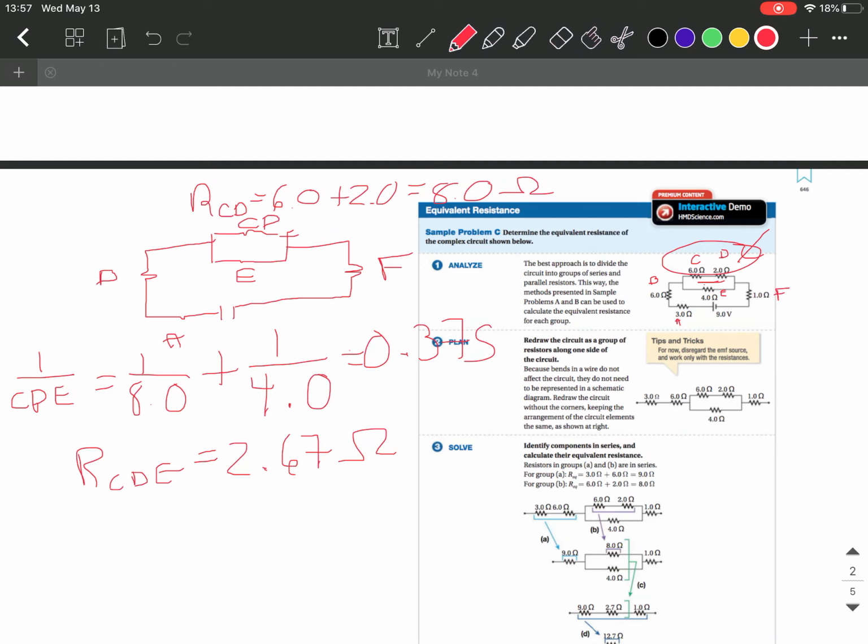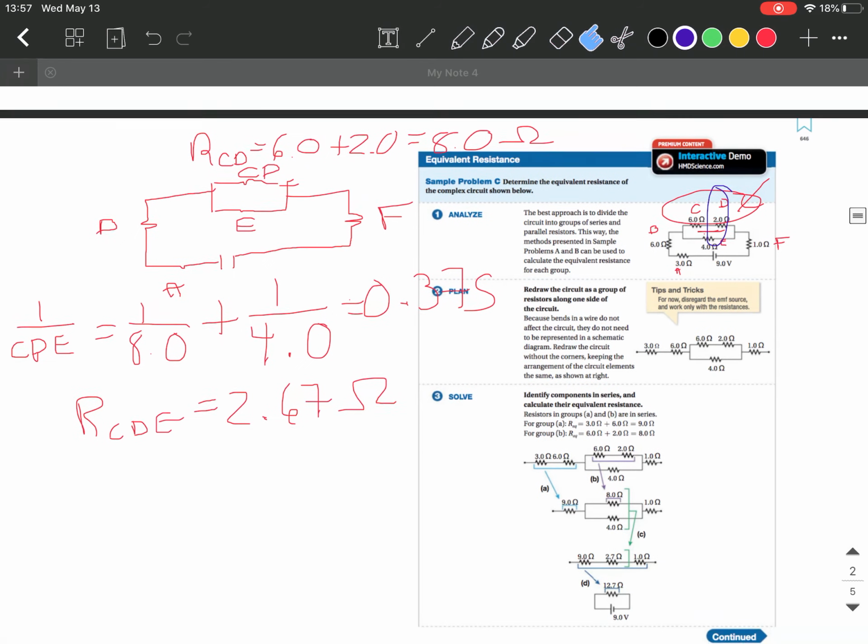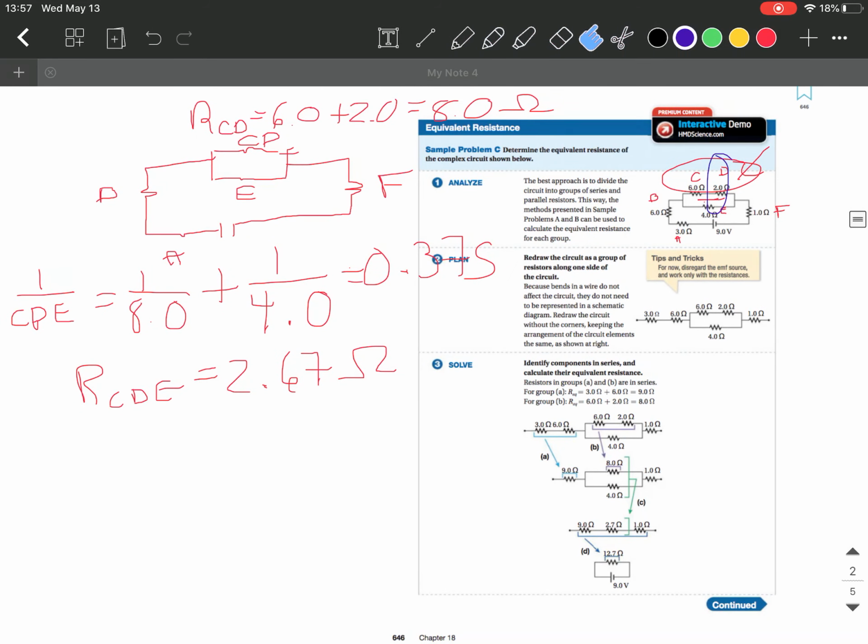Okay, so now I combined C, D, and E into one resistor. So if we were to shrink that down into 1, what do I have left? So you come and you draw it again. And it does help, and you do have to do this. Each time you combine, you need to draw and give me a new circuit. It's the only way you can do some of the most complex problems.